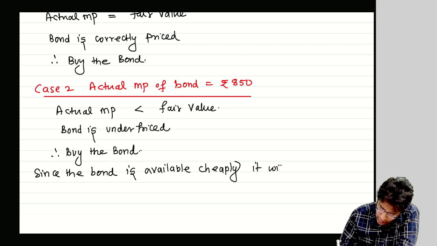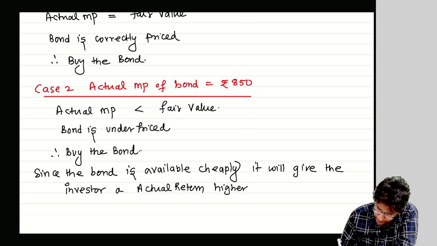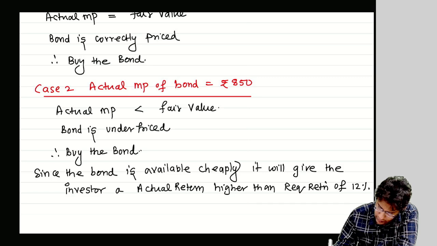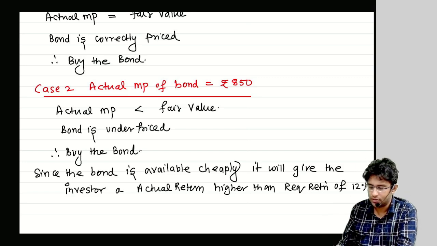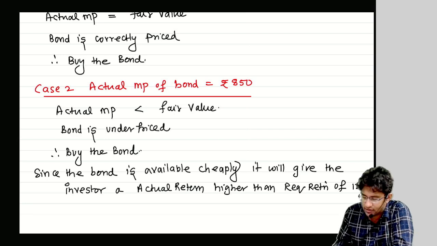It will give the investor an actual return higher than the required return of 12%. This fellow wants 12, he won't get 12, he'll get something very high than that. That's the reason he should buy.